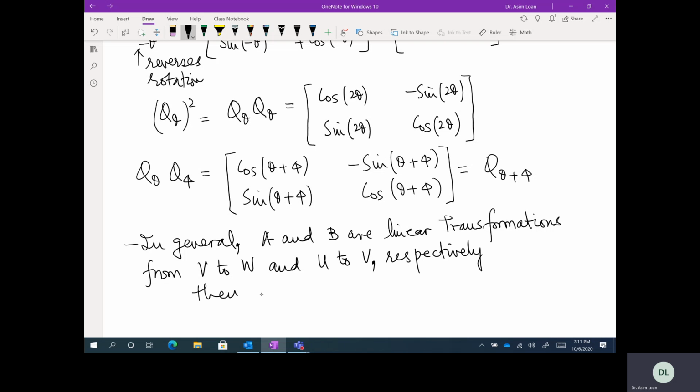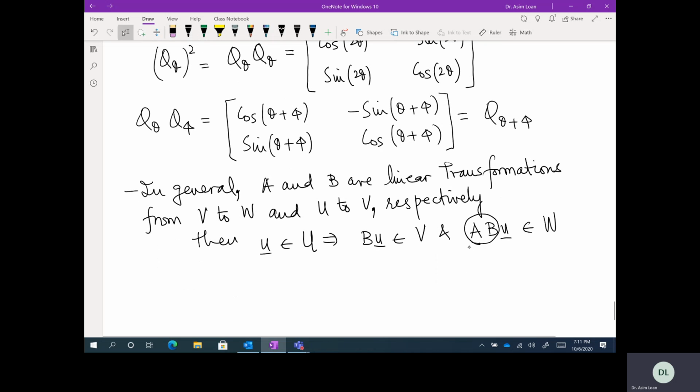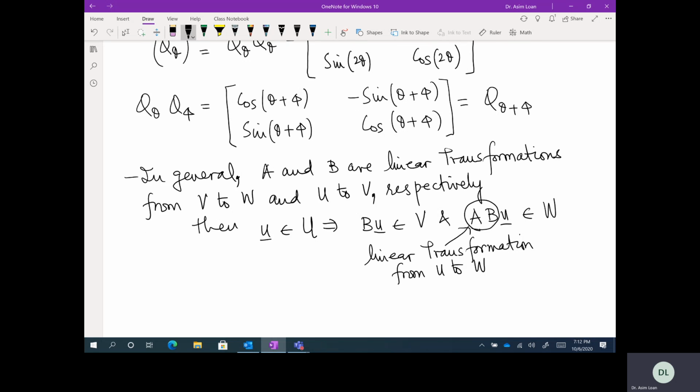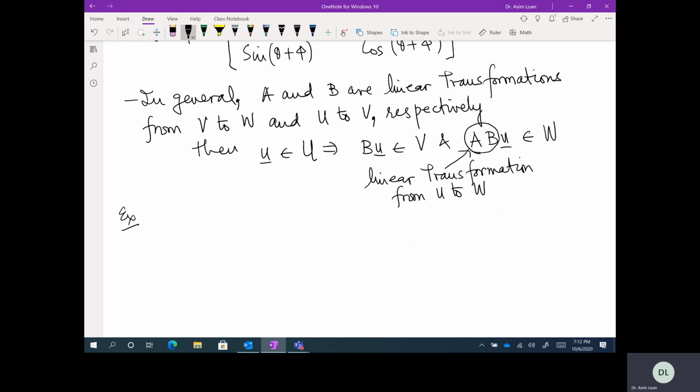Then if u belongs to U, this implies Bu belongs to V and ABu belongs to W. So this is the linear transformation from U to W.